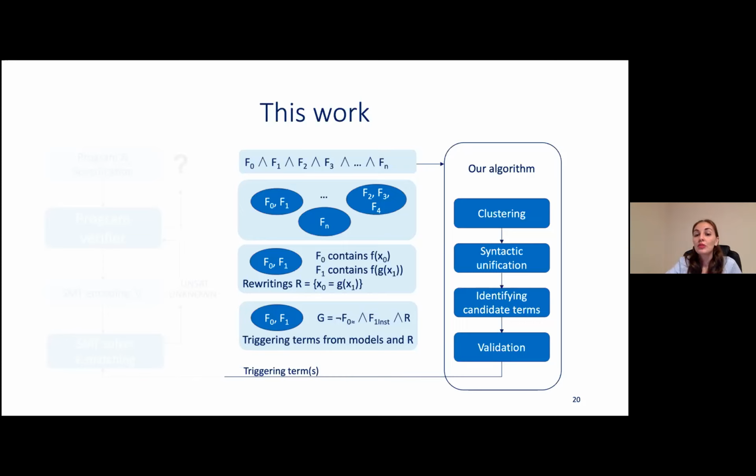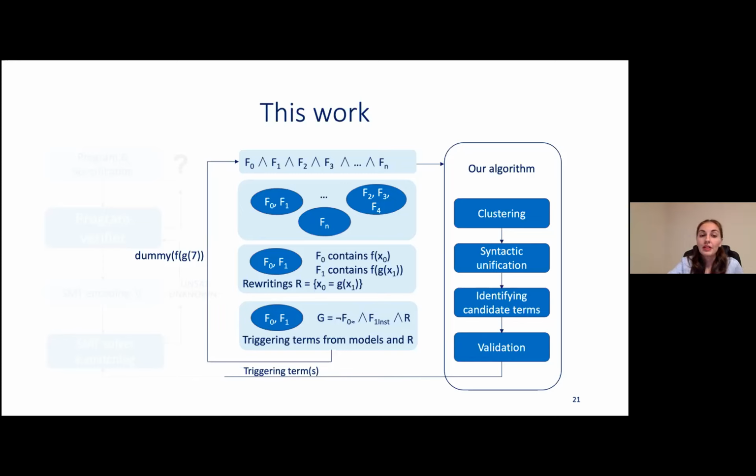And we want G to be encodable into first-order logic such that an SMT solver can provide a model if a model exists for this formula. Once we have the model, we construct the triggering terms as we have seen before, and we have to check if they are sufficient for the unsatisfiability proof to succeed.